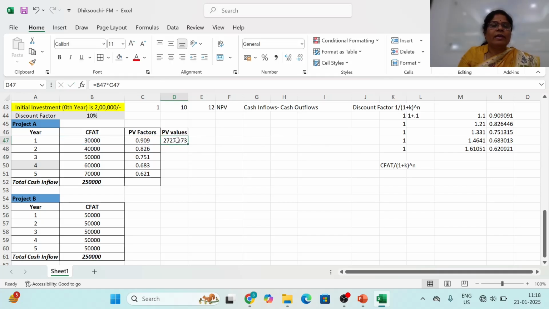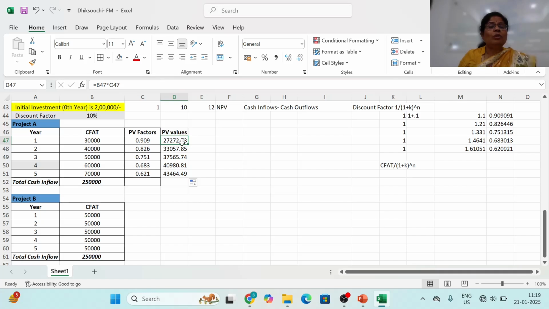In the same way, we are calculating for all the other 5 years. It means that the worth of 30,000, when you have invested 2 lakhs of rupees, by the end of the first year has become 27,272 worth. It is not the currency we are receiving, it is the worth of 30,000.